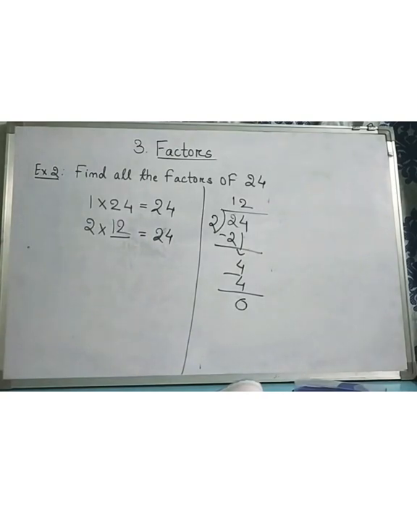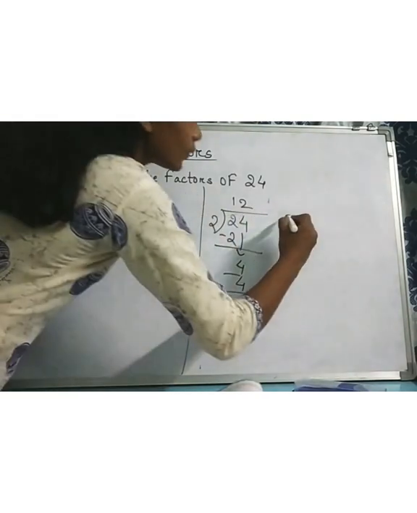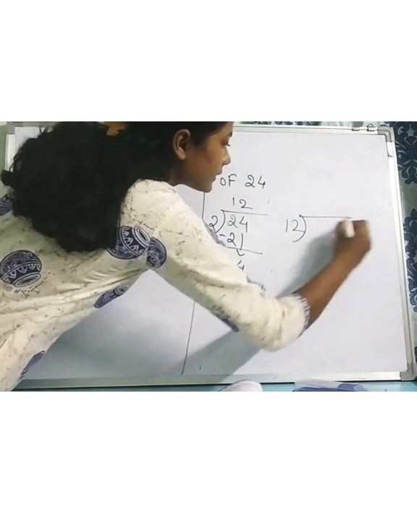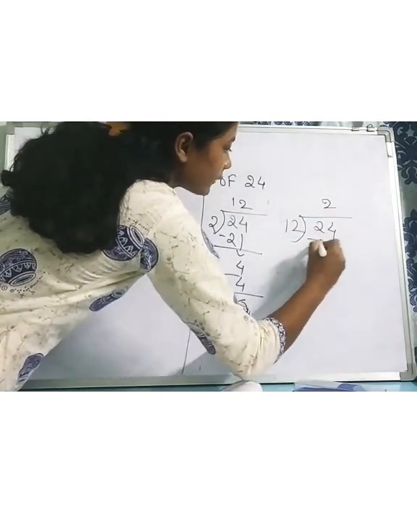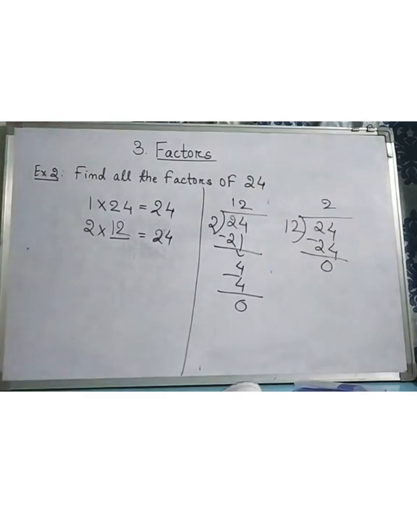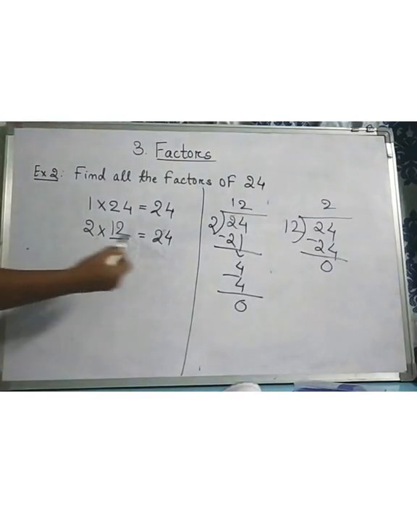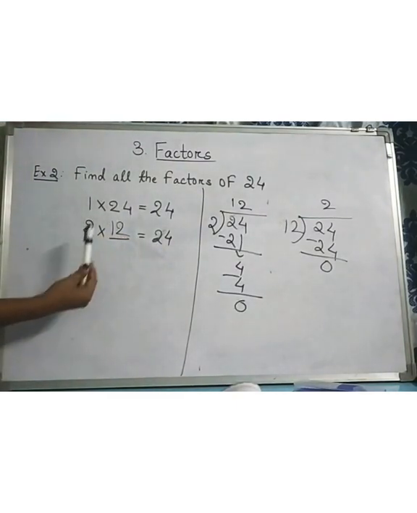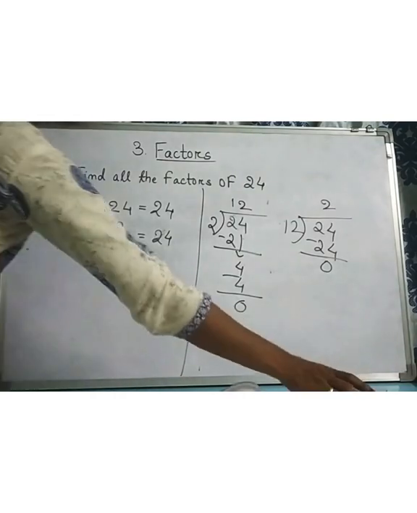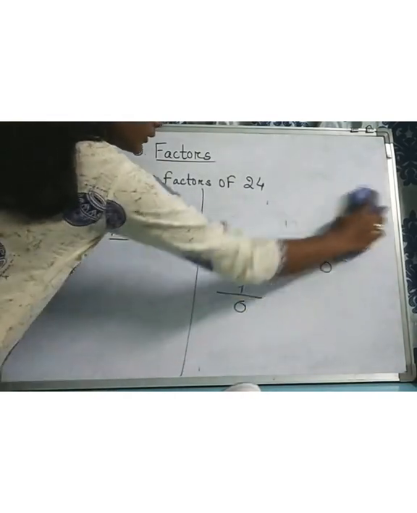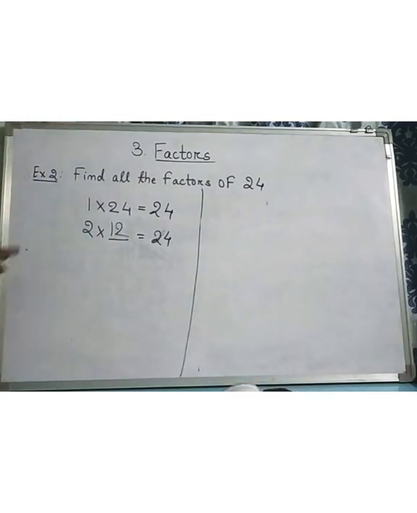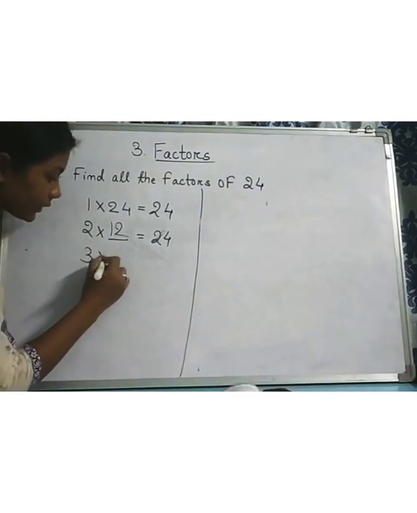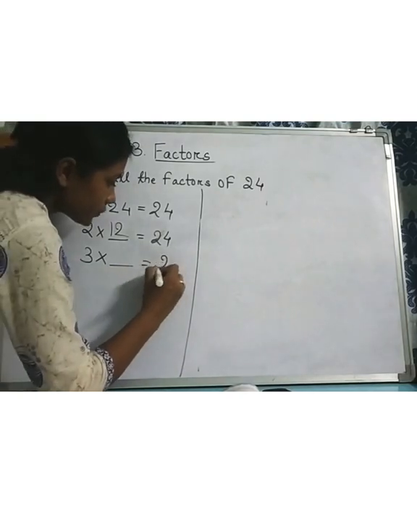2 into 12 is 24. Again, with 12 also we can divide 24 and see. 12 twos are 24, so here we got remainder 0. That means 24 is divisible by 2 and by 12. Next number is 3. 3 into dash equals 24.